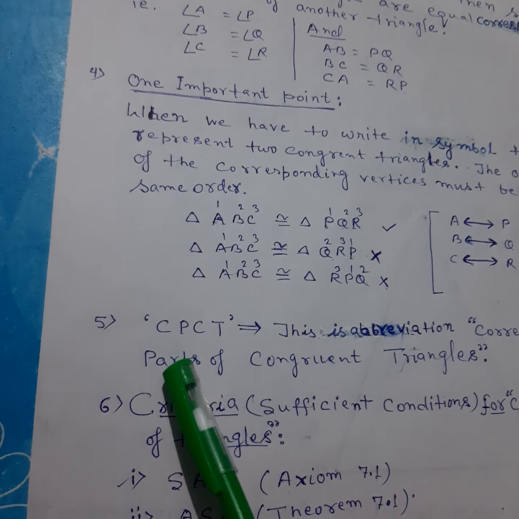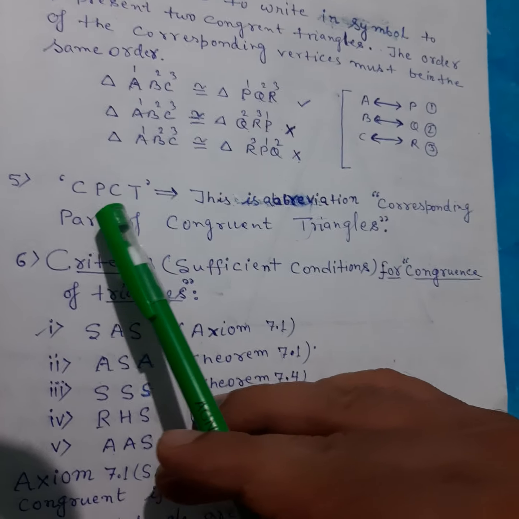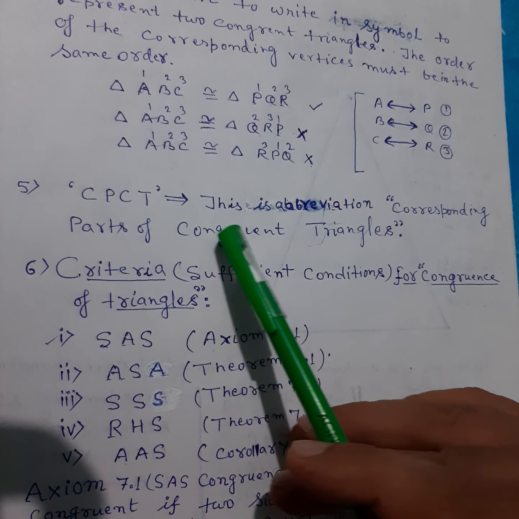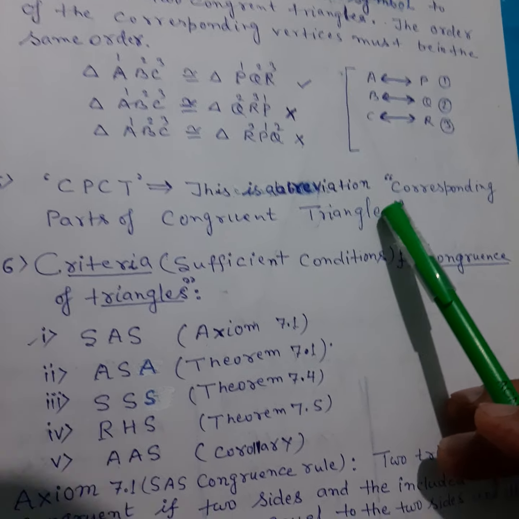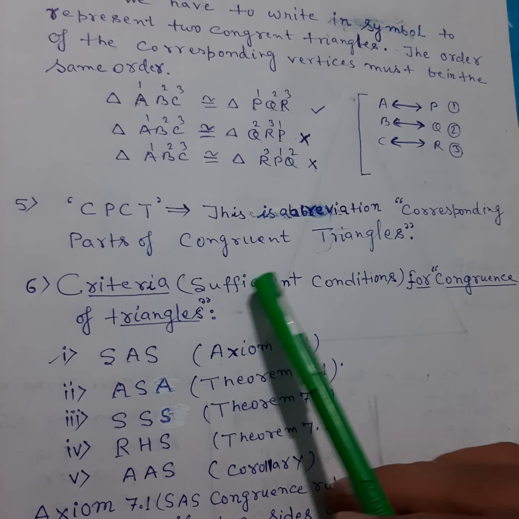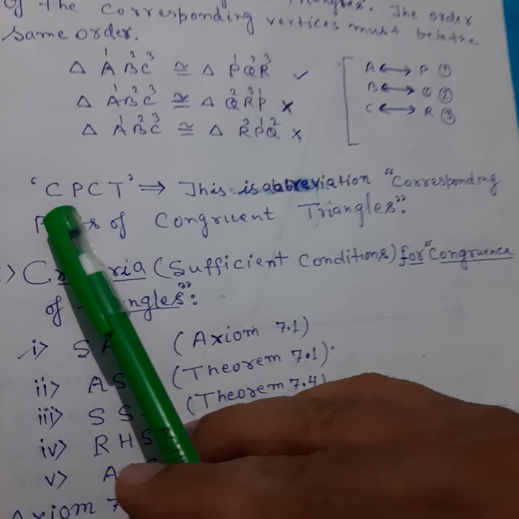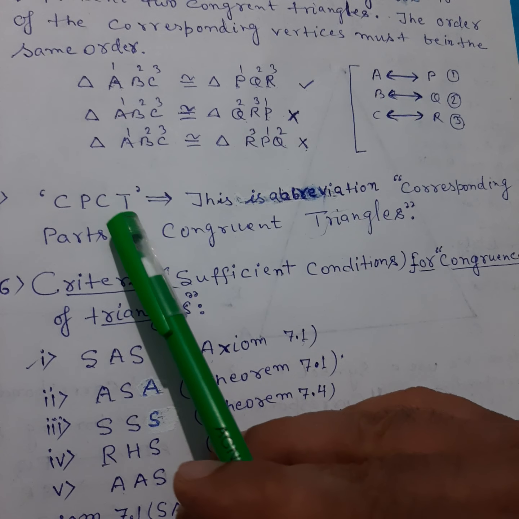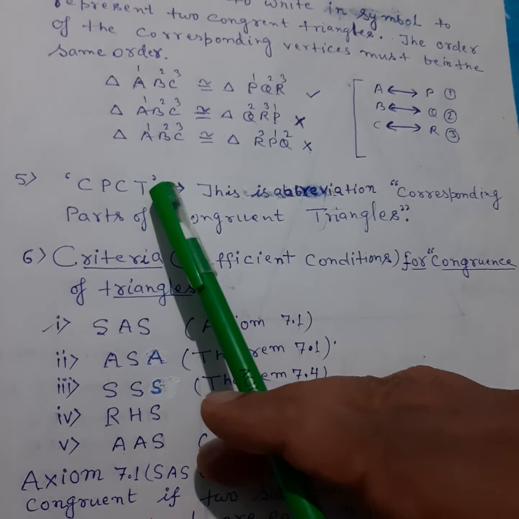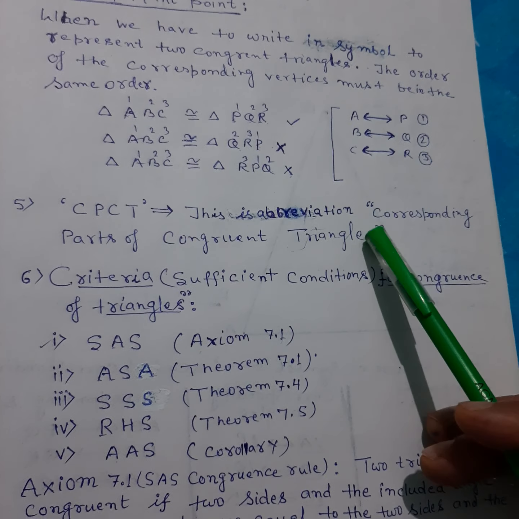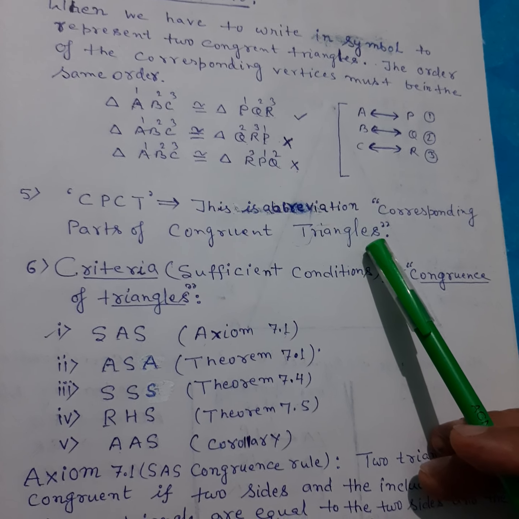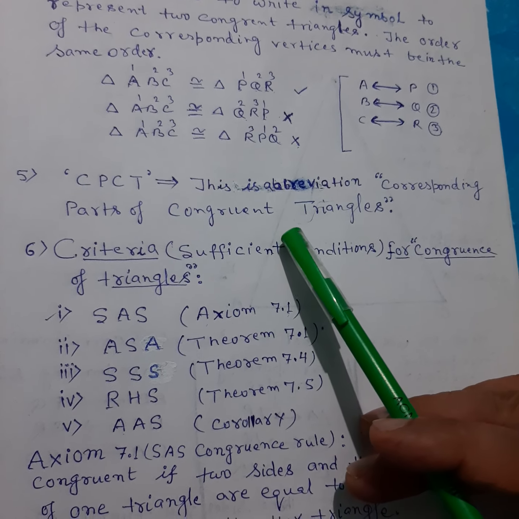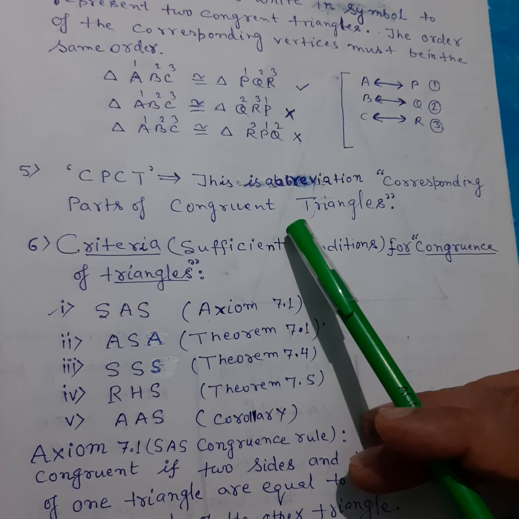Here we discuss an abbreviation, CPCT. This is the abbreviation of corresponding parts of congruent triangles: C for corresponding, P for parts, C for congruent, T for triangles. Up to this stage we discussed two methods by which we can say that two triangles are congruent.